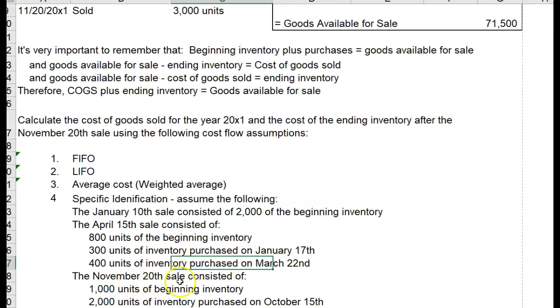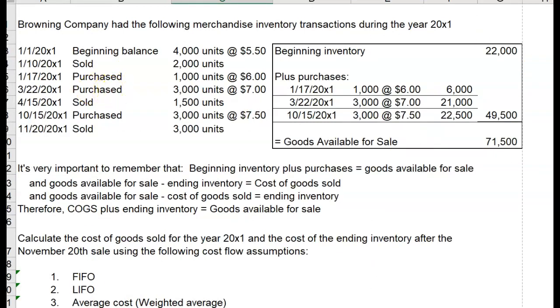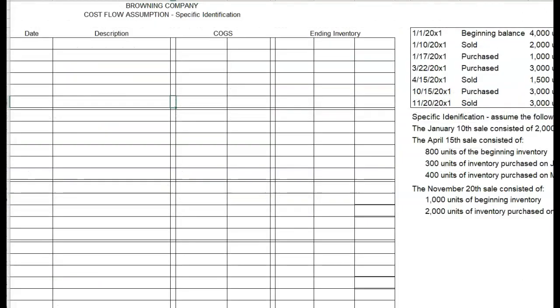And the November 20th sale consists of 1,000 units of beginning inventory plus 2,000 units of inventory purchased on October 15th. So you will need this data sheet, and you will need your specific identification spreadsheet.